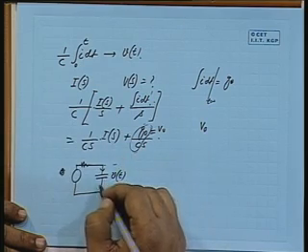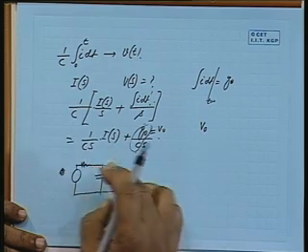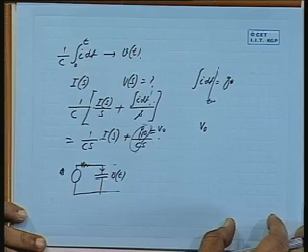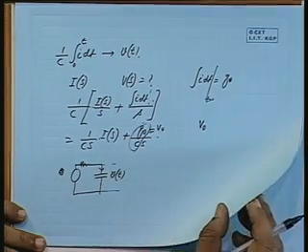Initial voltage across the capacitor plus the drop due to this is the total voltage at any instant.